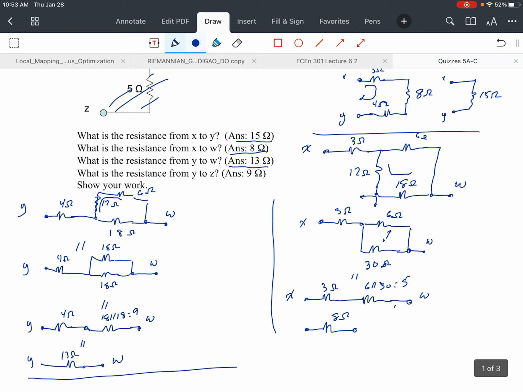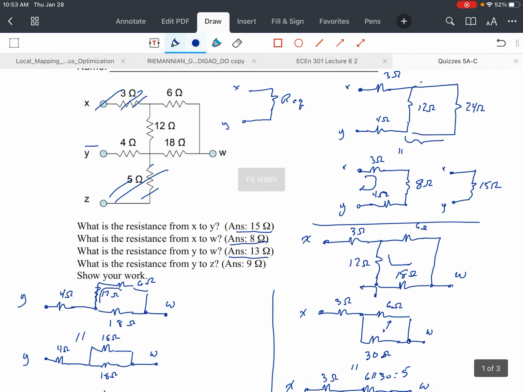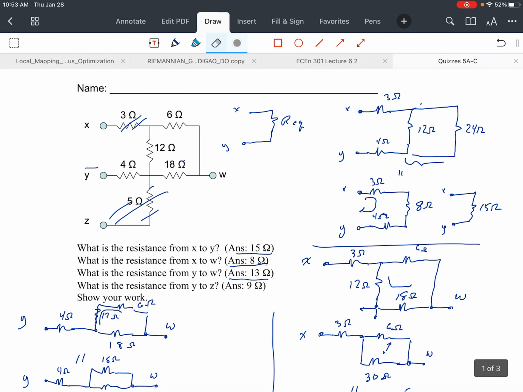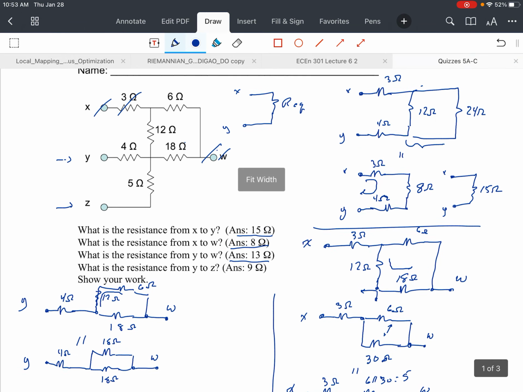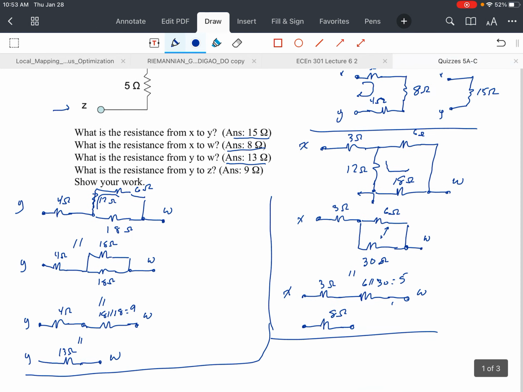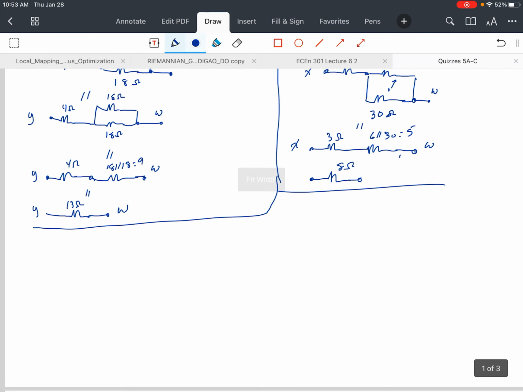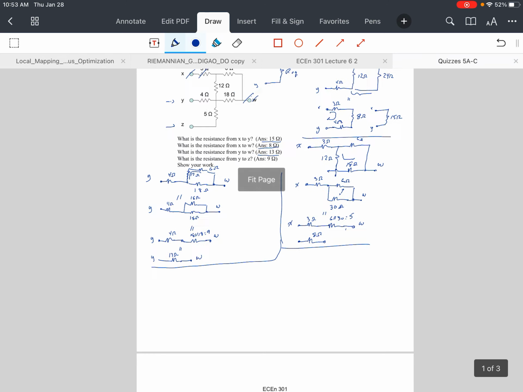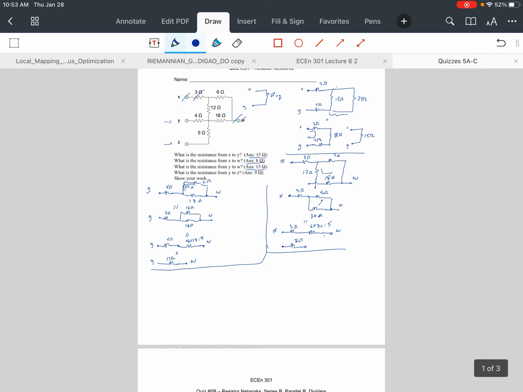And the last problem is to go from Y to Z. When we go from Y to Z, again we're going to just open these other guys like that. What's the equivalent resistance from Y to Z? So let's redraw this. I'm going to zoom out here for a minute.